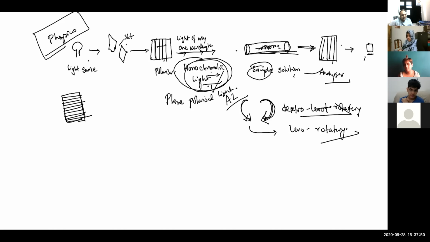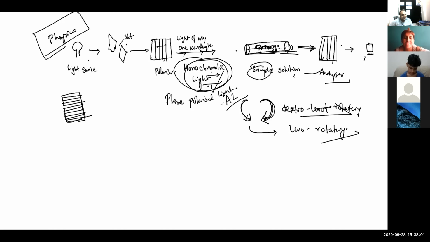The light rotates, the sample rotates the light. Okay? Sure. Yes. So let's first write down the description, then I think a lot of things will become clear to you.